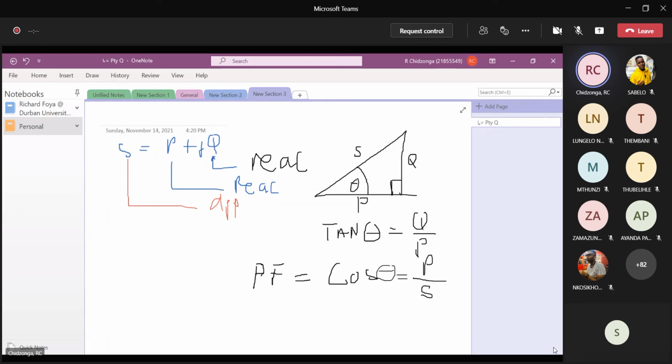So your desire is to get cos theta as close to 1 as possible. All right? In practice, it's not possible to get cos theta equal to 1, but you can get it as close to 1 as possible. Are you with me?